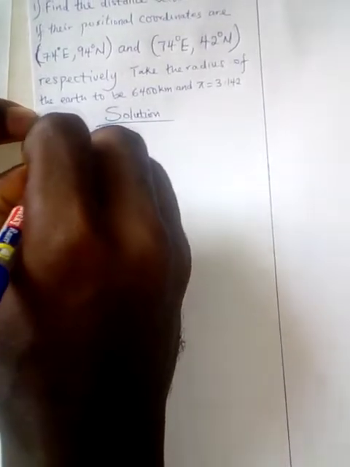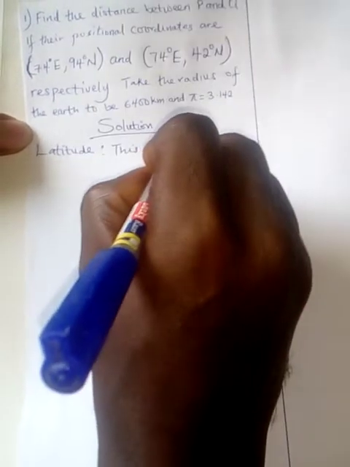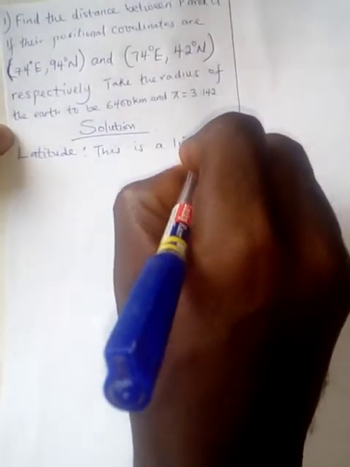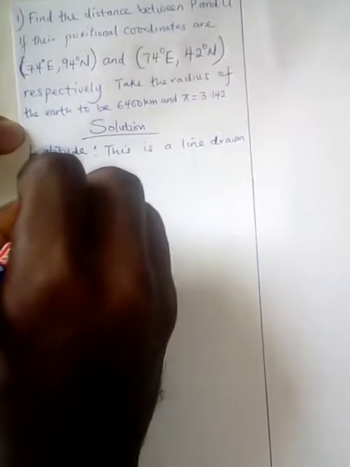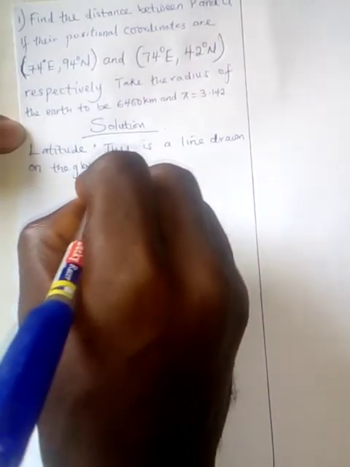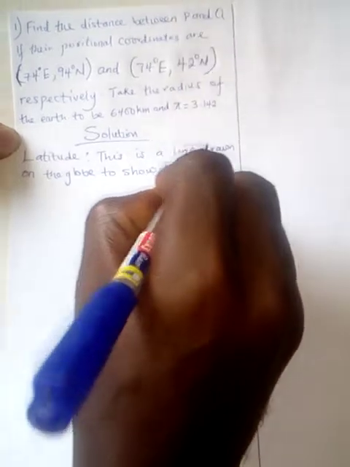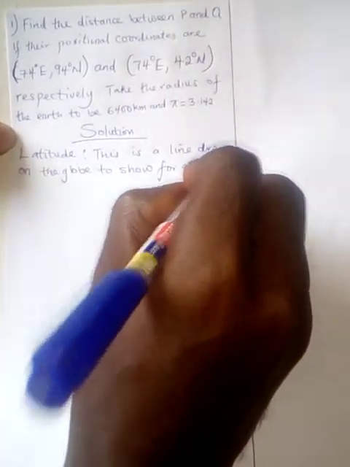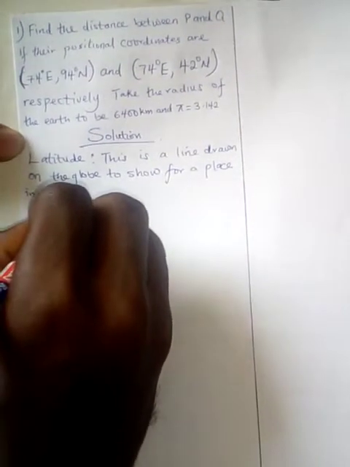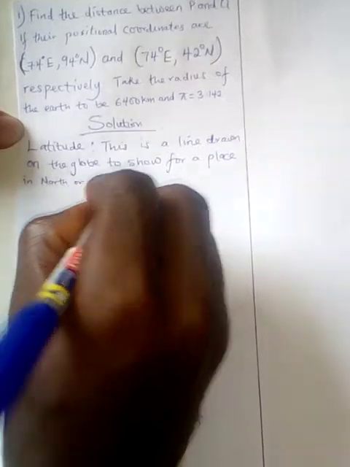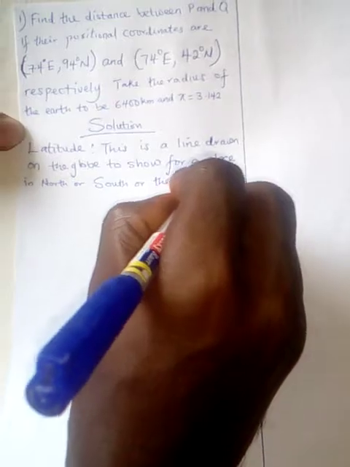Latitude is a line drawn on the globe to show for a place in the north, or south, or the equator.